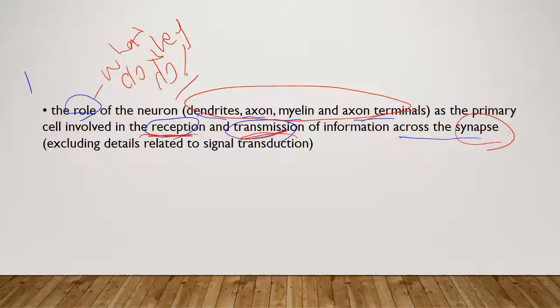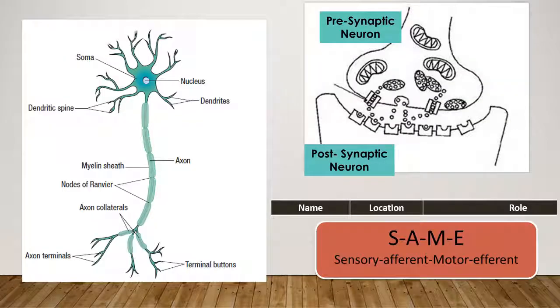All right, let's have a look at some tips and tricks. Pretty much with this dot point, this is really basic, okay? You need to know how to label these diagrams here. But more specifically, I'm really interested in the terminology that you're using.